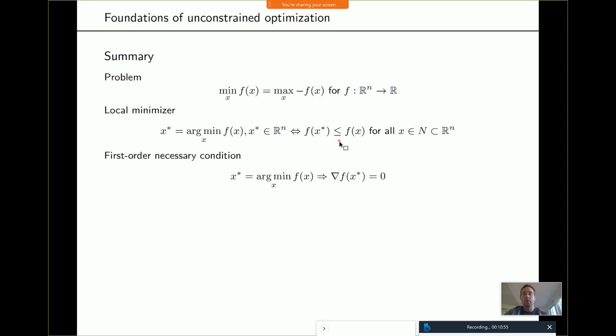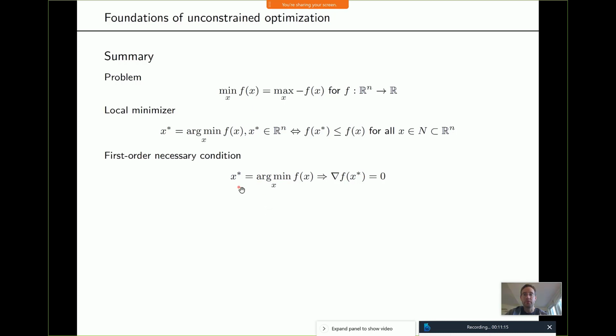Then we discussed the first order necessary condition for a minimizer. Minimizers and minimums are of course different things. The minimum is the value of the function that is taken on at the location of a minimizer.